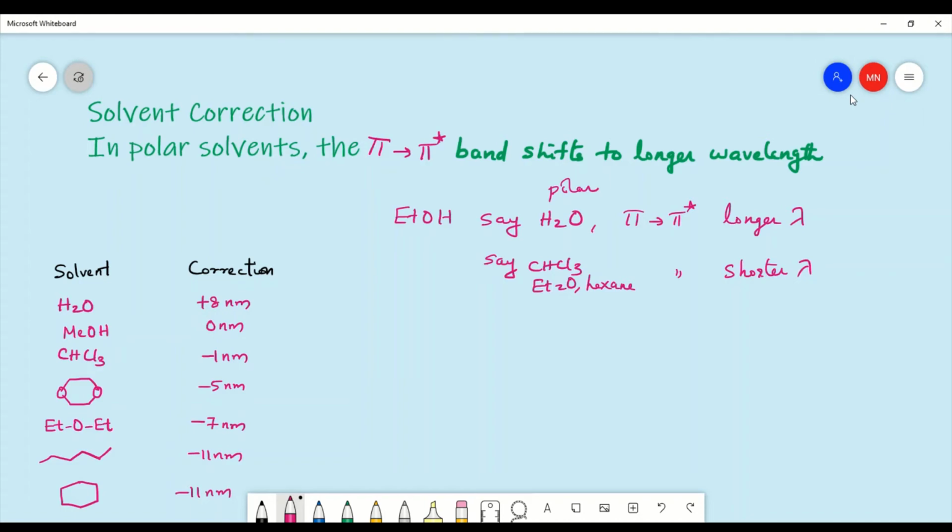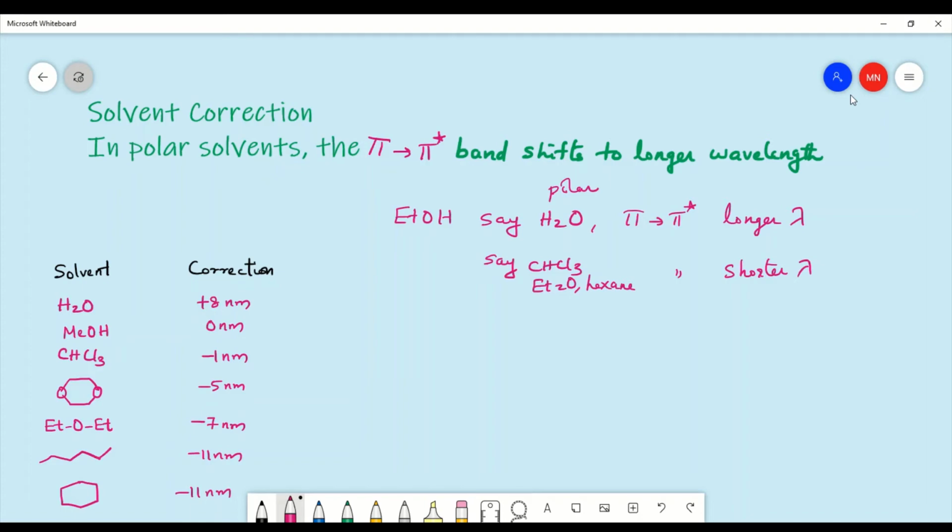In more polar solvents it will shift to higher lambda max, and if you are taking a less polar solvent than ethanol, it will shift to shorter wavelength. Therefore, in order to get the lambda max value for the pi to pi star band in any solvent other than ethanol, there should be some correction factor which should be added or subtracted depending upon the polarity of the solvent.